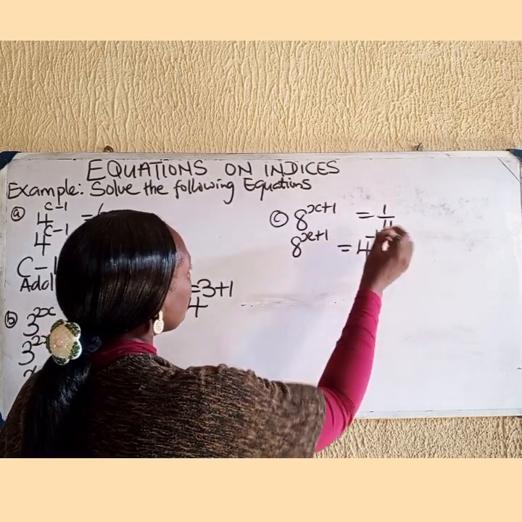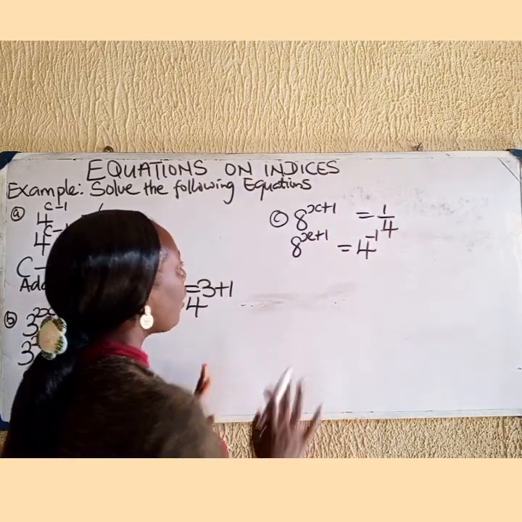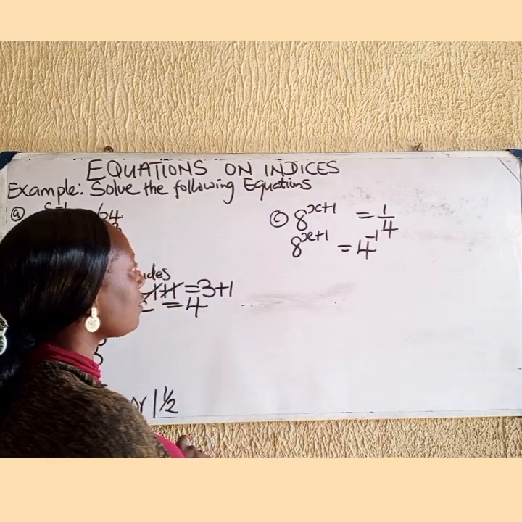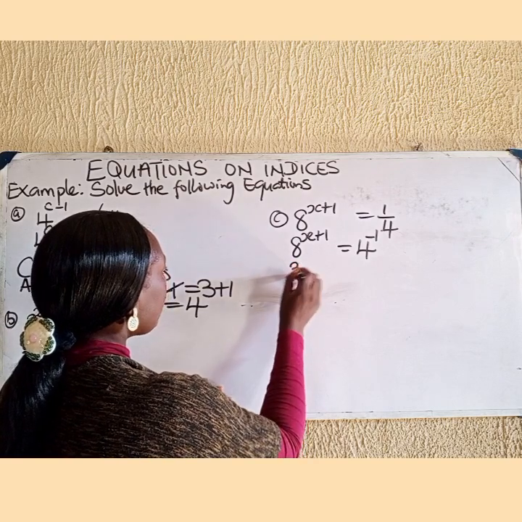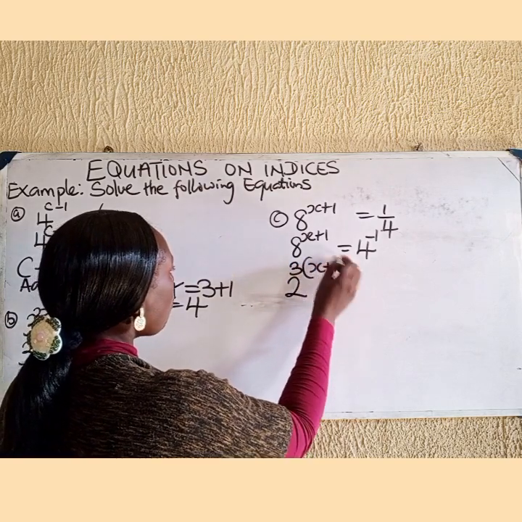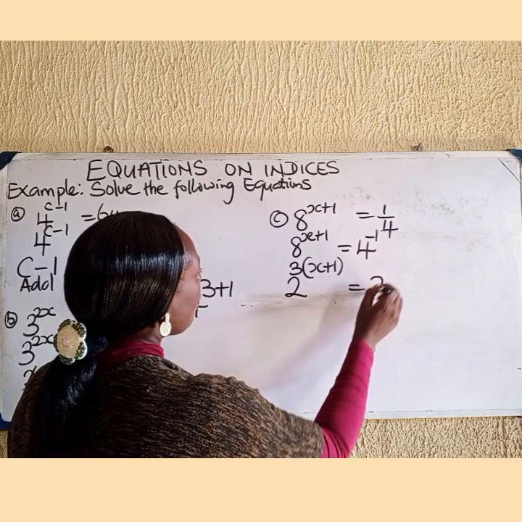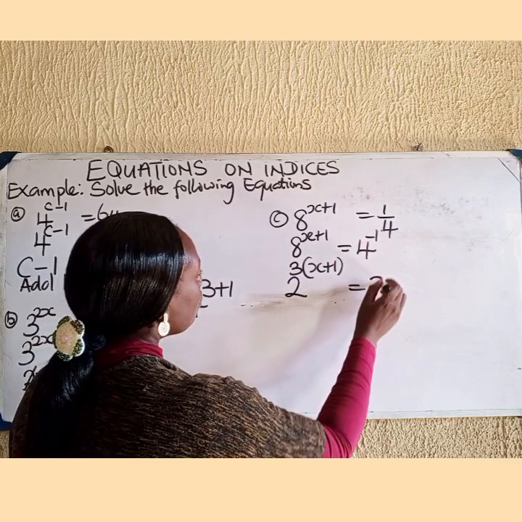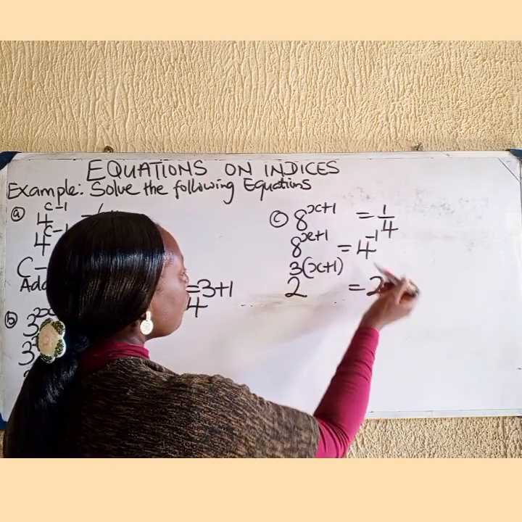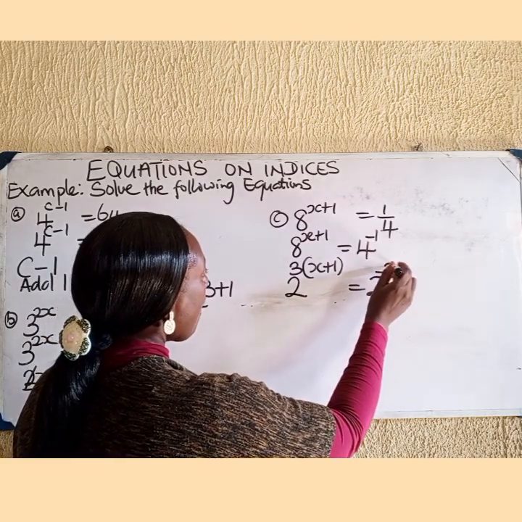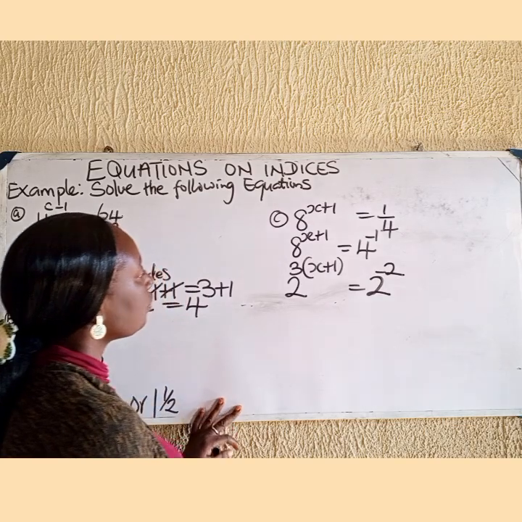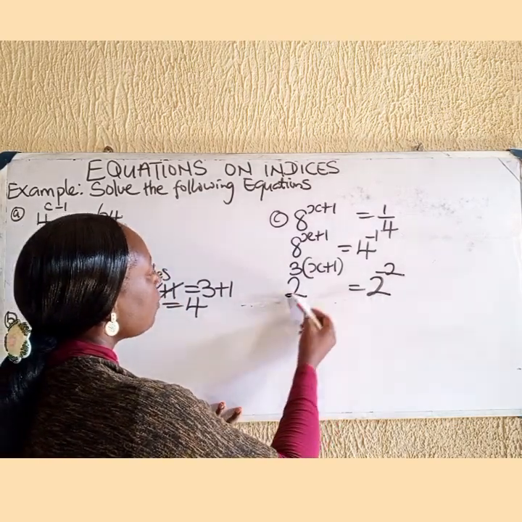Now coming to this side, I have 8 raised to power x plus 1 equal to 4 raised to power minus 1. This and this are correct from the laws of indices. Now I can change 8 to be 2 raised to power 3, into x plus 1, which is equal to 4 as 2 raised to power 2, but because of this minus 1, I'll have 2 raised to power minus 2. You can see that they have the same base.